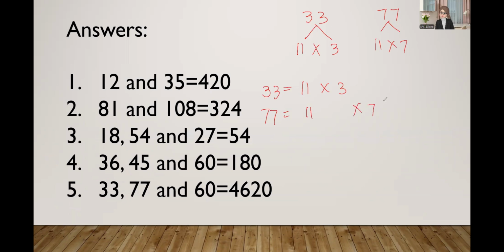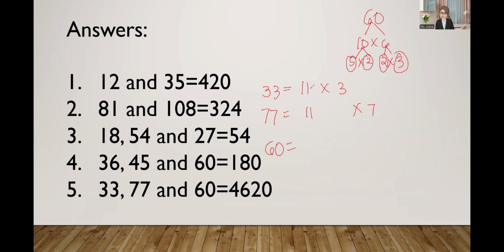Okay, and then how about 60? 60, which is 10 times 6. And then we have 5 times 2. And we have 2 times 3. Okay, so they are all prime numbers.